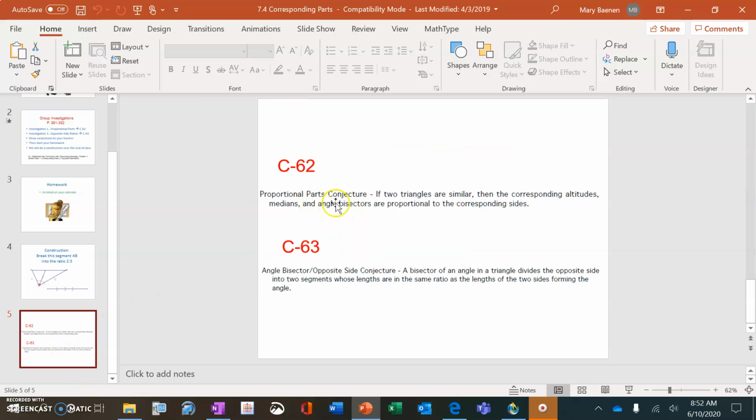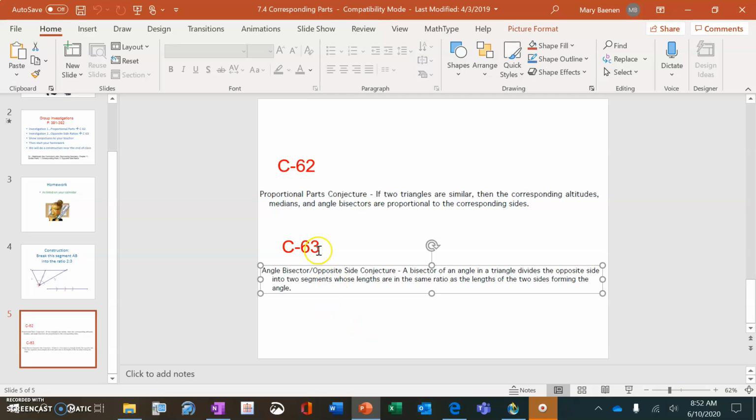So 62, if two triangles are similar, then the corresponding altitudes, medians, and angle bisectors are proportional to the corresponding sides. And conjecture 63, a bisector of an angle in a triangle divides the opposite side into two segments whose lengths are in the same ratio as the lengths of the two sides forming the angle.